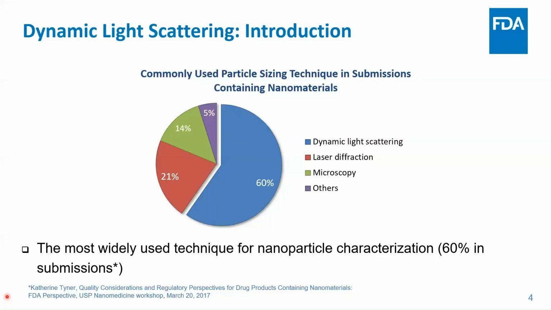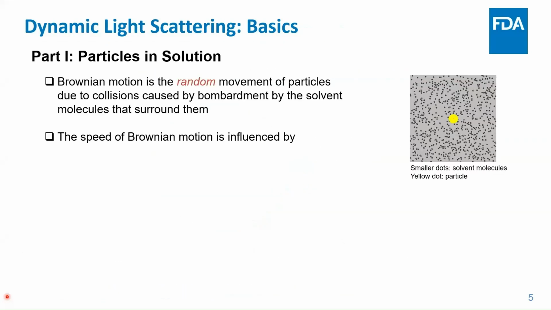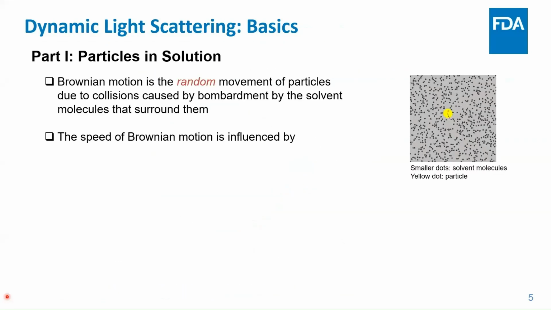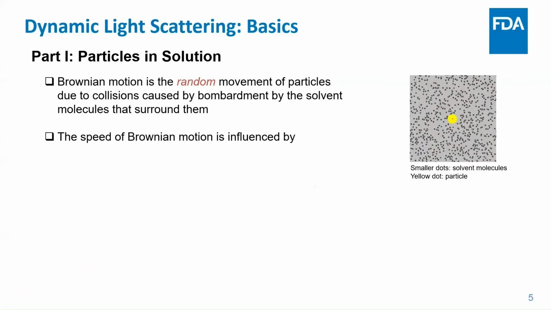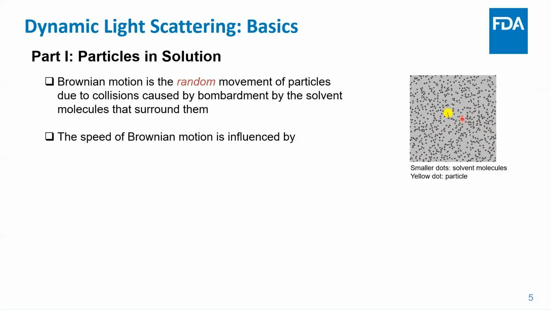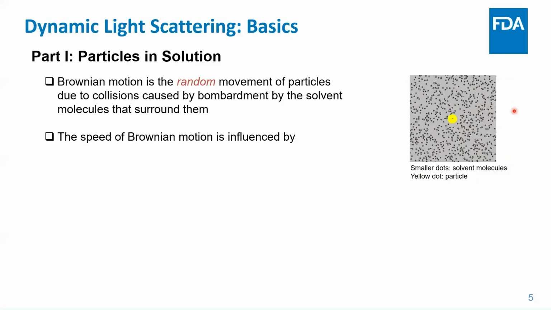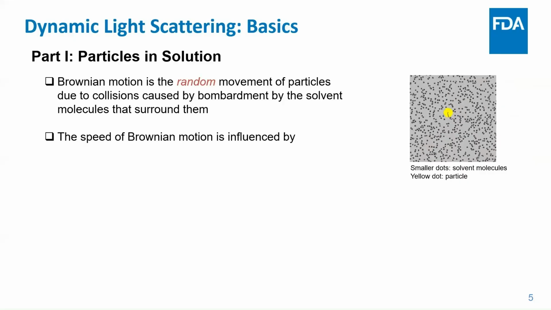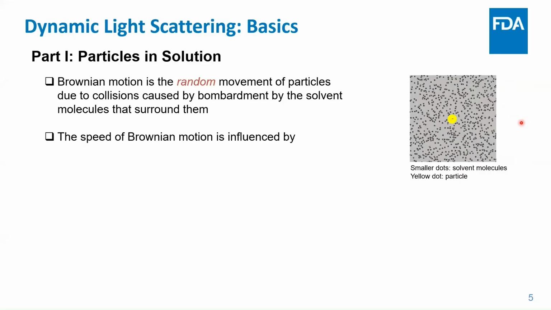In this next part, I want you to think through this with me. If we look on the right-hand side here, we have this large yellow particle. Imagine that's the actual radius of a particle, and all these little dark gray or black particles are solvent molecules.